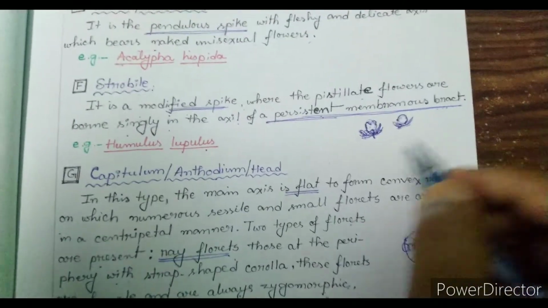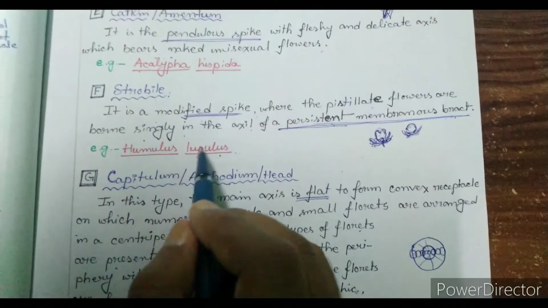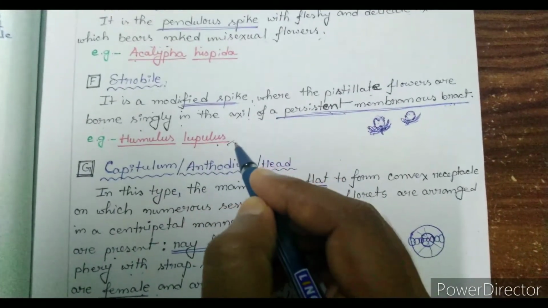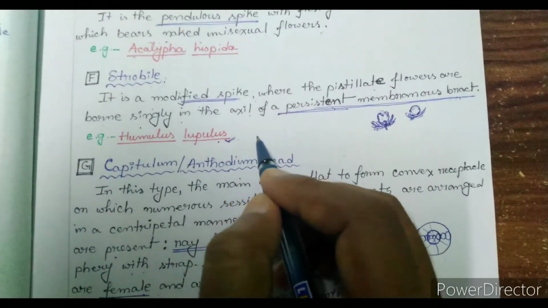This type of inflorescence is present in Humulus lupulus. You can also search this example, and when you see the real image, it is clear to you.